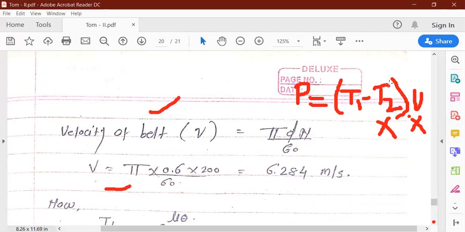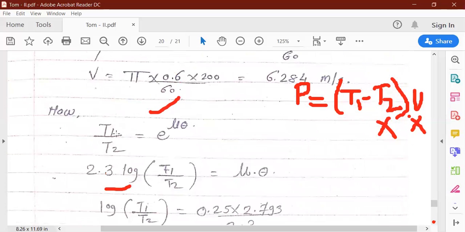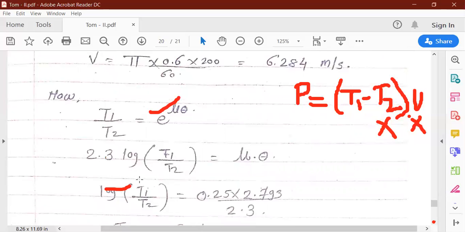Now the unknown is only T2. We also have one formula for the belt tension ratio, that is T1 upon T2 is equal to e raised to mu theta. By using this formula, we can find T2 because T1, mu and theta are known. This formula is rewritten as 2.3 log (T1 upon T2) is equal to mu into theta.